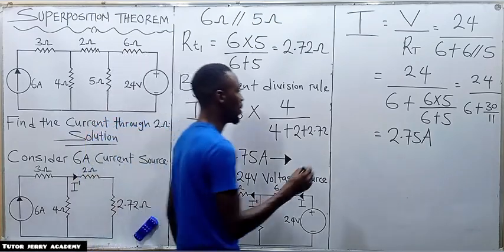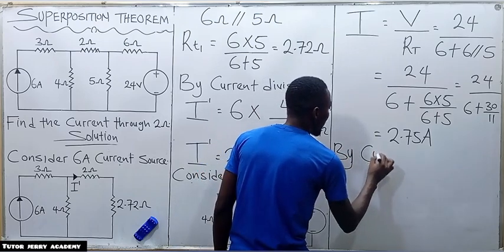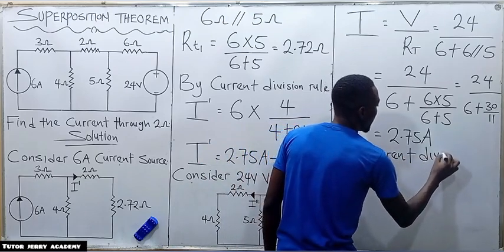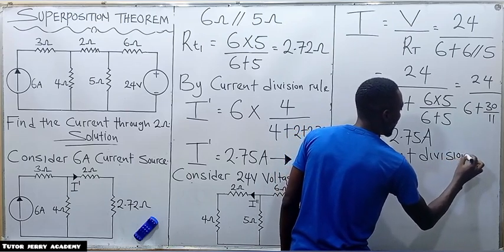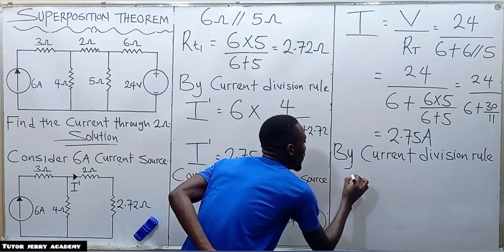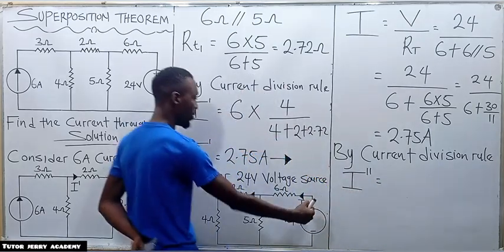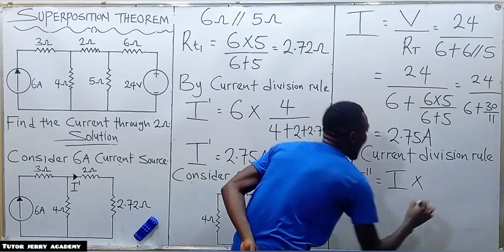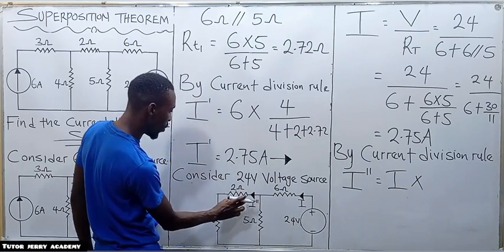By current division rule, our I double prime will be equal to the total current entering multiplied by, now this is our 2 ohms here, right?